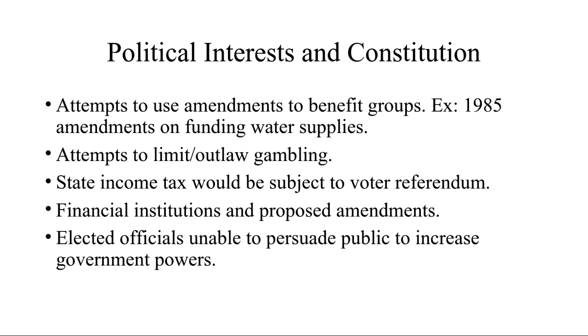We've also had financial institutions trying to use the Constitution as well. We had a bit of a mortgage crisis, economic collapse in the late 80s when oil prices tanked again.